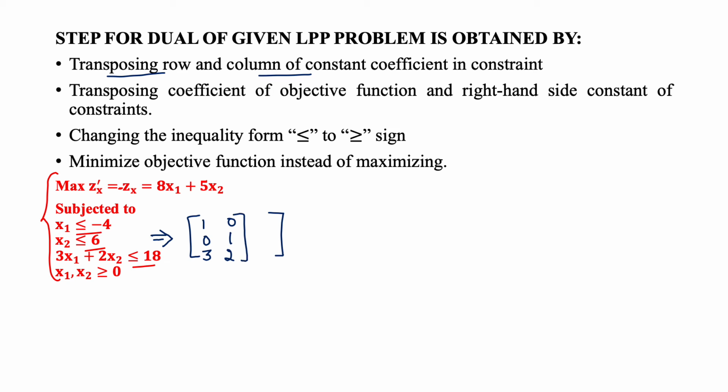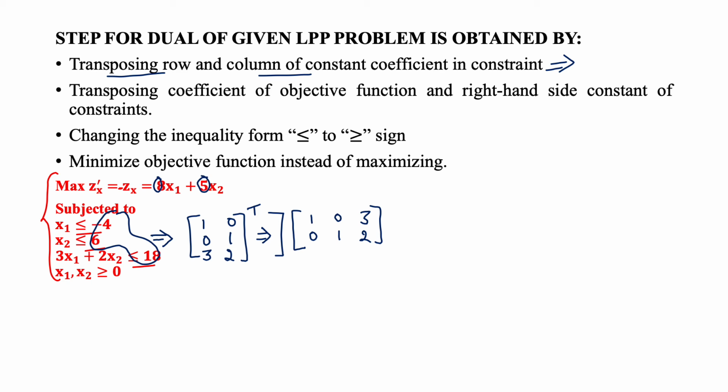So what you have to do is convert each row into a column, which means we indirectly take the transpose. How will it look? It will look like 1 0 3, 0 1 2. So rows are converted into columns and columns into rows by the transpose operation on the coefficients of constraints. Next, we have to transpose the coefficients of the objective function as right hand side constants of the constraints. Let me just write it.